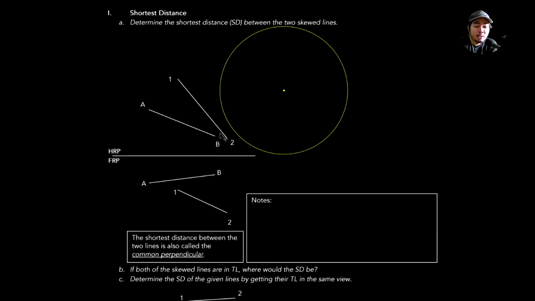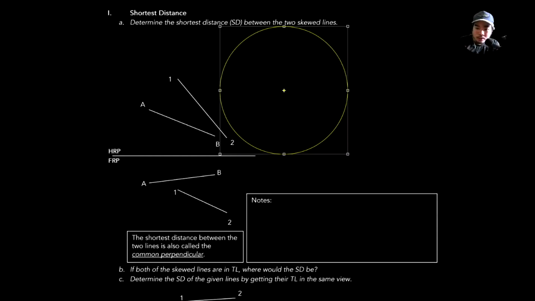So posible na hindi sila nagta-touch in all views. Okay lang yun. And in fact, sa example natin na to, hindi magta-touch. So we'll have to do some extensions para hanapin natin yung shortest distance na yun. Okay? That's a great observation, Mark, no?